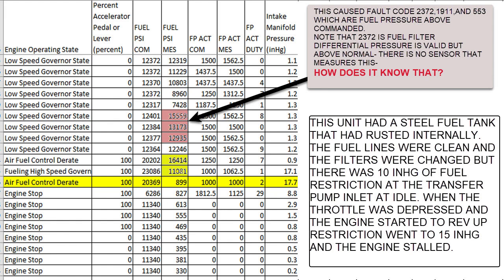And then if you look down where it says on the left, air fuel control derate, that's where the guy stabbed the throttle in the crane and pulled back on the lever to lift up the boom. And the commanded fuel pressure jumped to 23,000, and the rail pressure jumped to 16 and dropped to 11. And then the engine just started to stall, and the fuel pressure dropped down to 899.